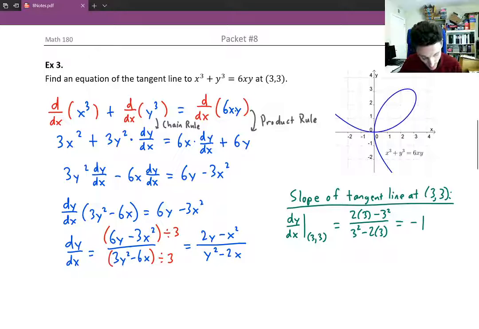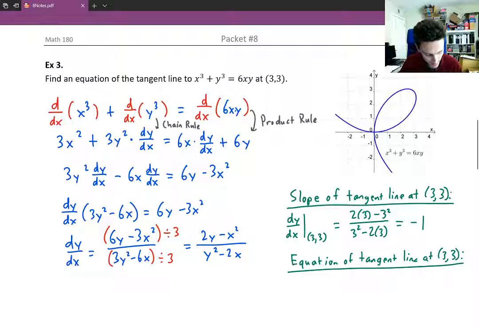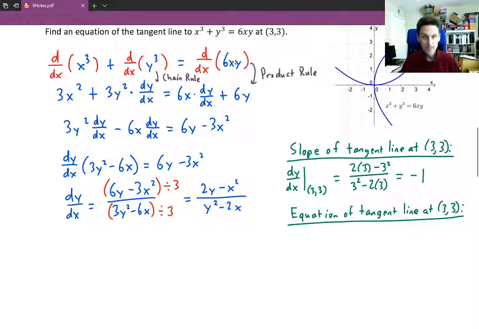So, to write the equation for the tangent line at (3, 3), fix that E. E deserves some respect. Very important number.